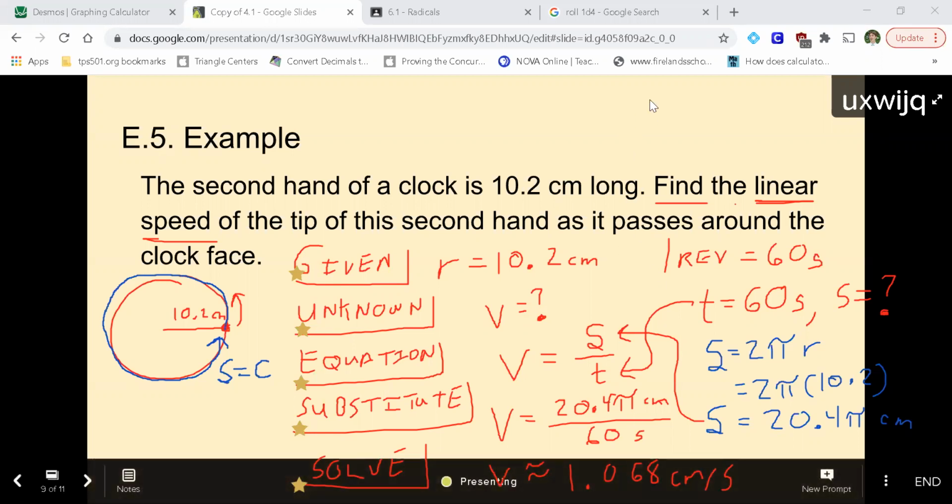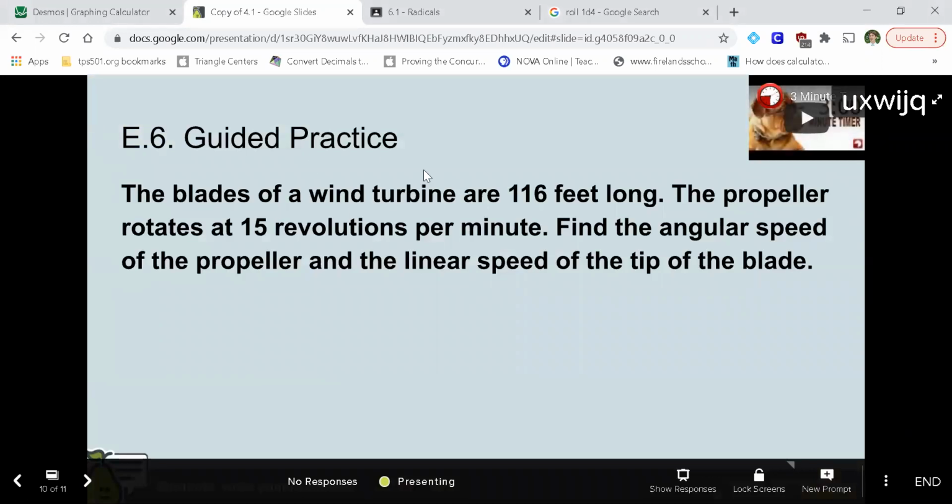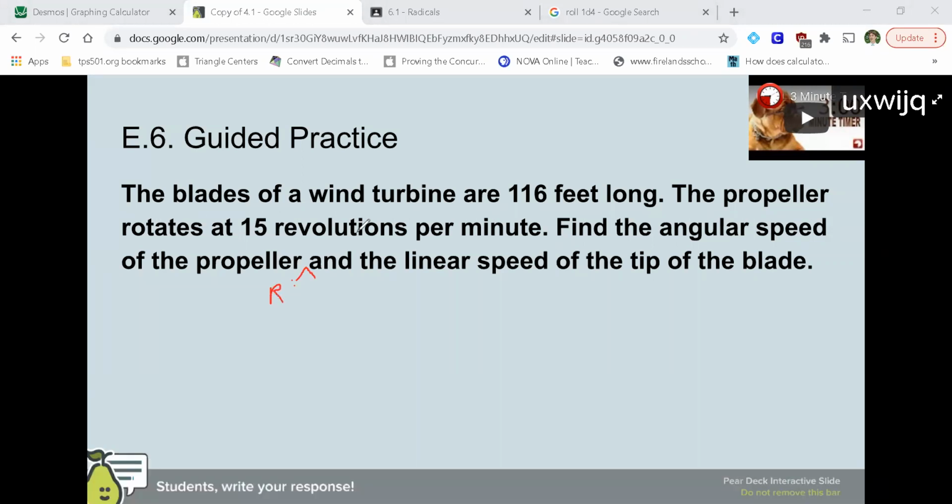All right. Okay. Let's have you try one. So the blades of a wind turbine are 116 feet long. The propeller is rotating at 15 revolutions per minute. I would like you to find the angular speed of the propeller in radians per minute, and the linear speed of the tip of the blade.